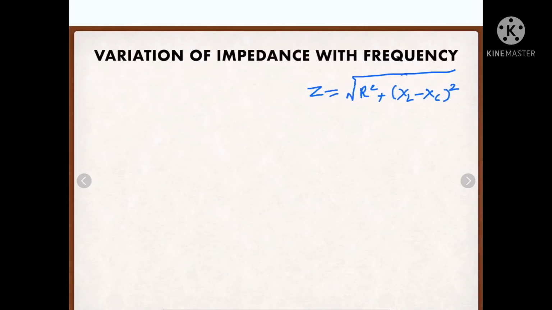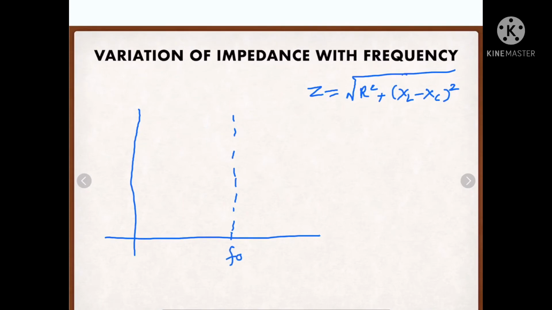Okay, so we can easily see it. If this is your f naught and f is over here, Z is here. We have understood in previous video that at resonance frequency, your impedance is going to be minimum.